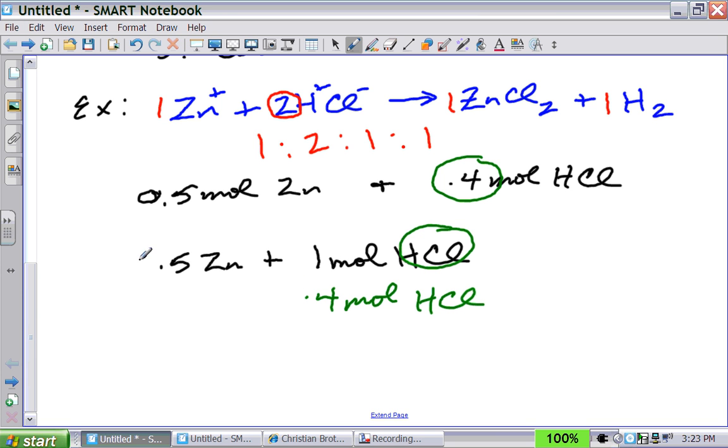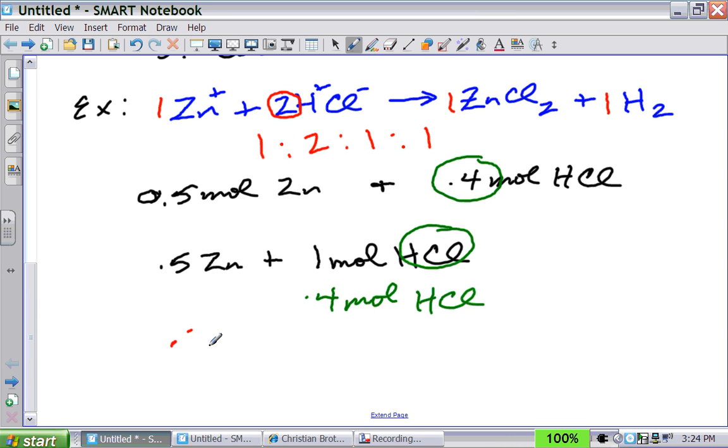Remember before, when we have 0.5 moles of zinc, if we were going to react all of that zinc with hydrochloric acid, we would need twice that amount, or 1 mole. But we found that we had only 0.4 moles of HCl, so that's our limiting reactant. And knowing that the amount of HCl we need must be twice the amount of zinc, we now have a new starting point.